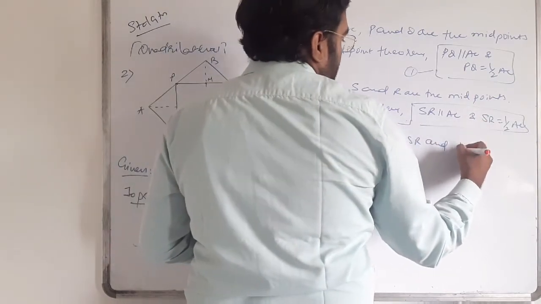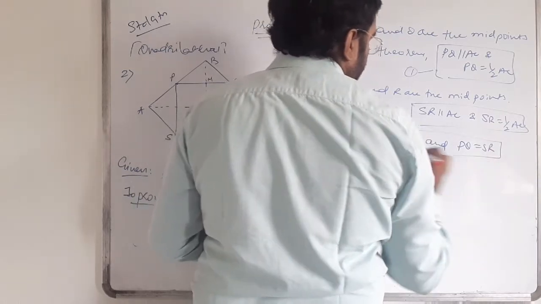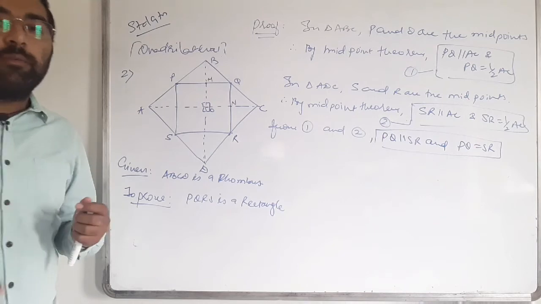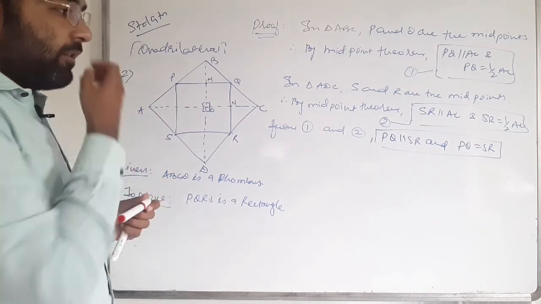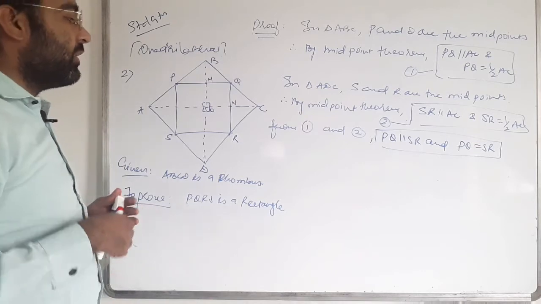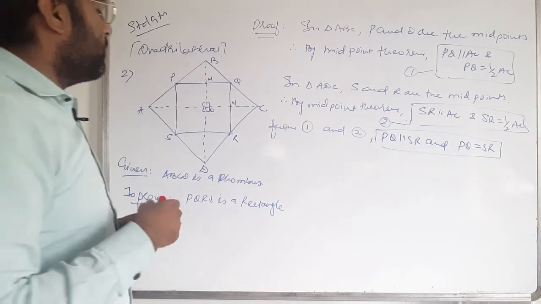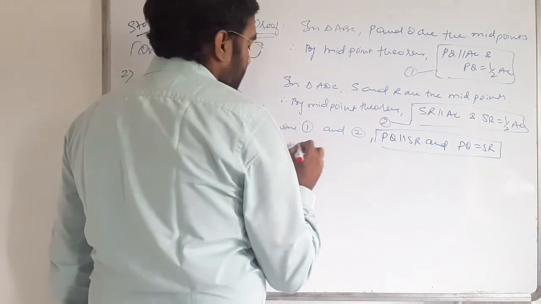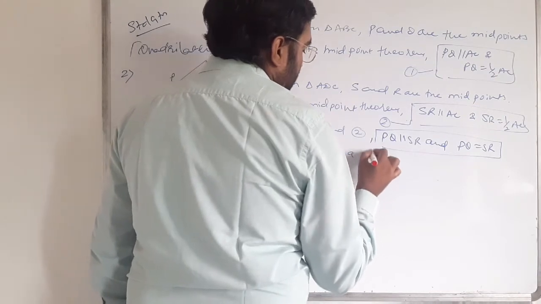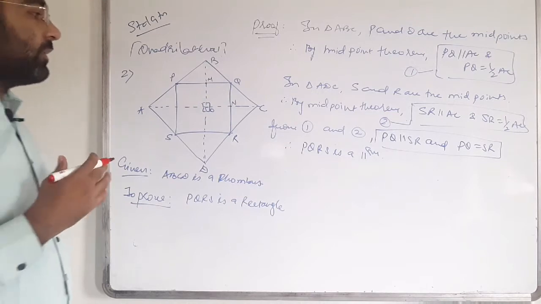Therefore PQ is equal to SR. So one pair of opposite sides are equal and parallel, therefore PQRS is a parallelogram.